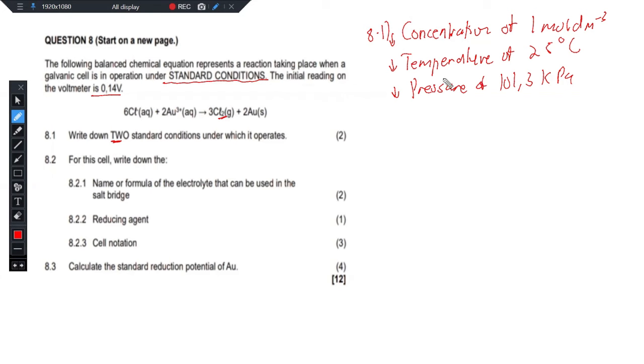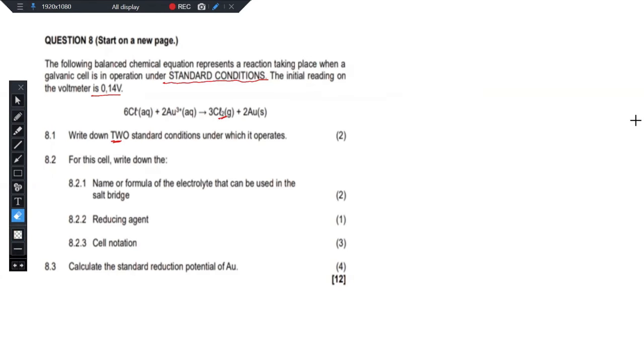Okay, note that you don't say pressure if you don't see any gases. The reason we have this one, pressure, it's because there is a gas there. So always be careful to check if there are any gases. And if there are no gases, do not mention pressure as a condition because that is only applicable to gases.